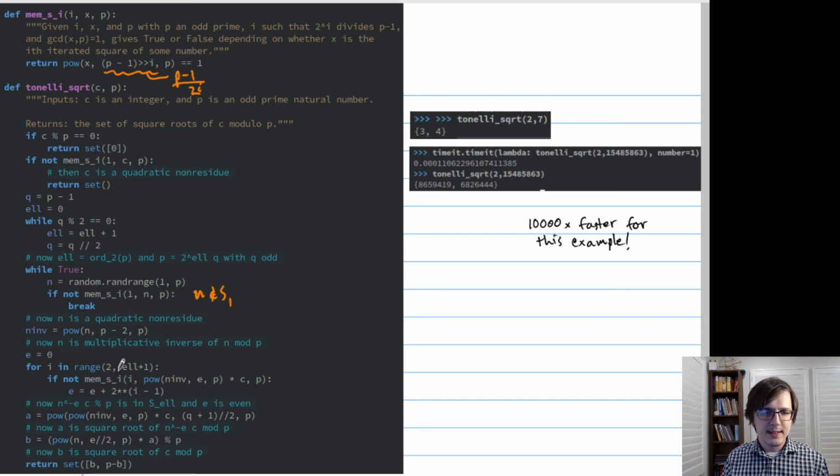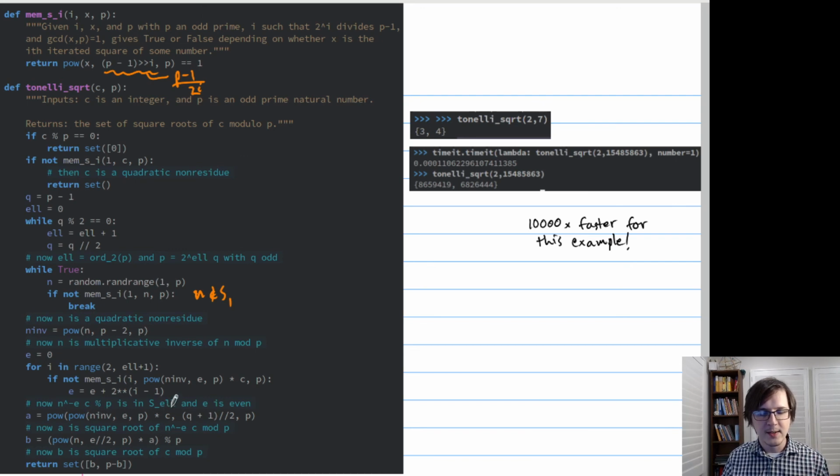Then this is the iterative part that calculates e, where it keeps checking whether n inverse to the e mod p times c is in S_i mod p. And if it isn't, then it adds 2 to the power of i minus 1.